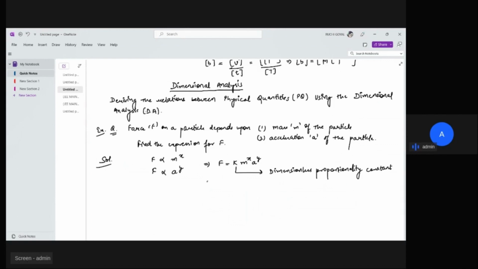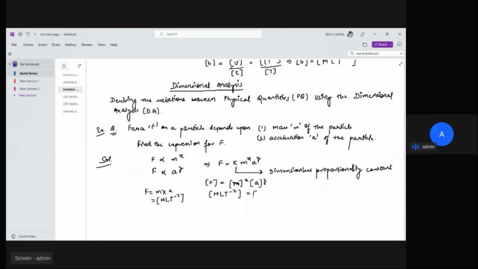Now we can find the dimensions. Dimensions of F is equal to dimensions of m raised to power x, dimensions of a raised to power y. What are the dimensions of F? You know, force is mass into acceleration, so that will be M L T^-2.